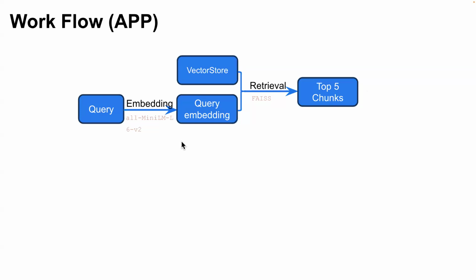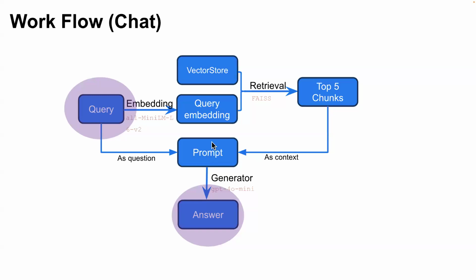With this flow, we wrap this into a simple search app. Then we combine the query and the retrieved chunks into the prompt and go through the GPT model to generate an answer. With the query and the answer, we build this as a chatbot app.